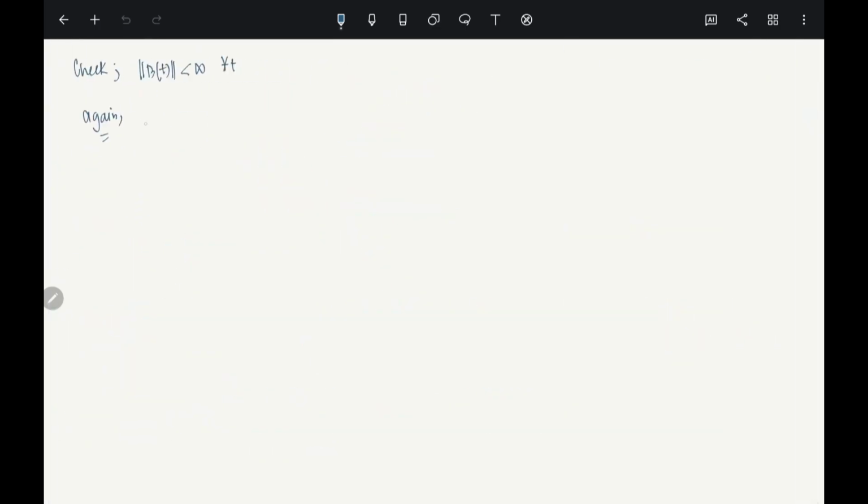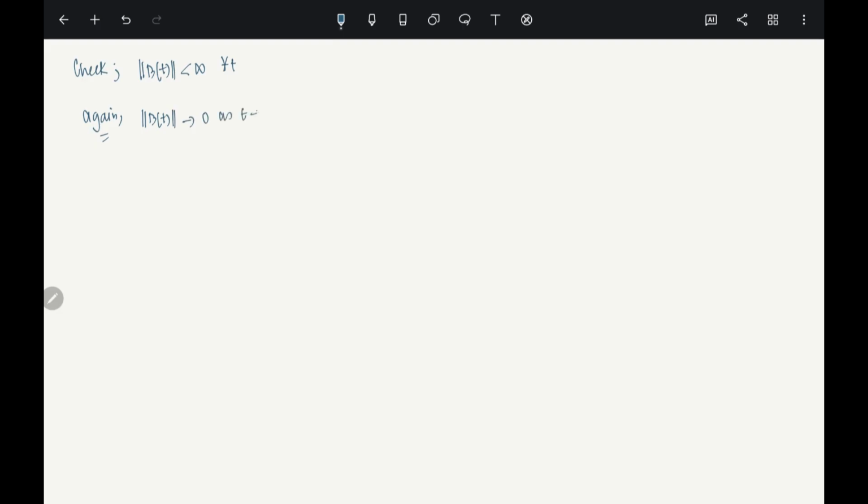Let's say, one second, did I make any mistake? No, right? I did not make any mistake. Anyway, let's see. The norm of B(t) goes to 0 as t tends to infinity.